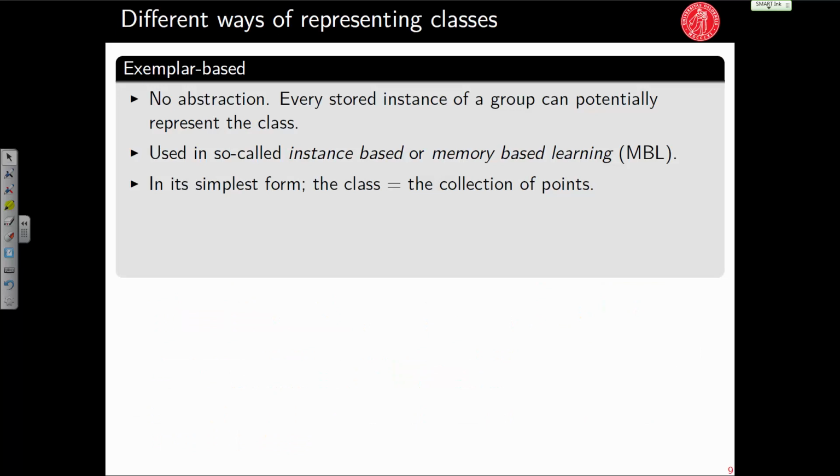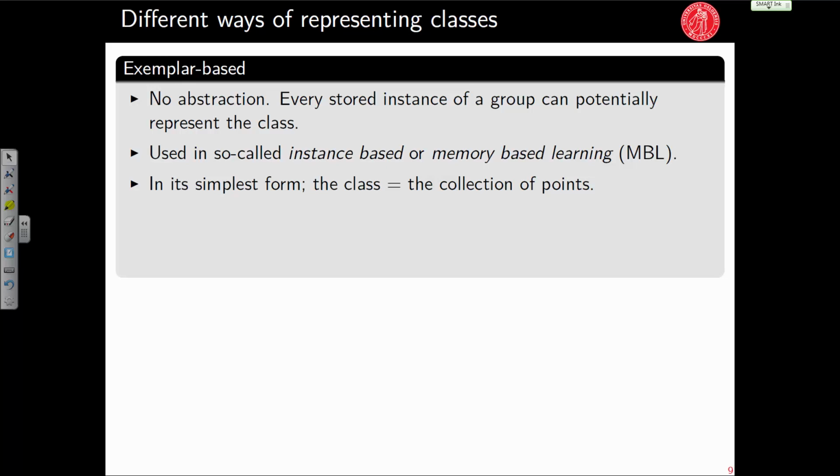More concretely, how do we actually represent the class? We have a set of feature vectors belonging to one class. How do we come up with a representation saying that these documents are represented by this vector or this set of vectors? The first way of doing this is called exemplar-based representation. In an exemplar-based representation, we simply don't represent the class: every member that belongs to the class is a representative of the class.